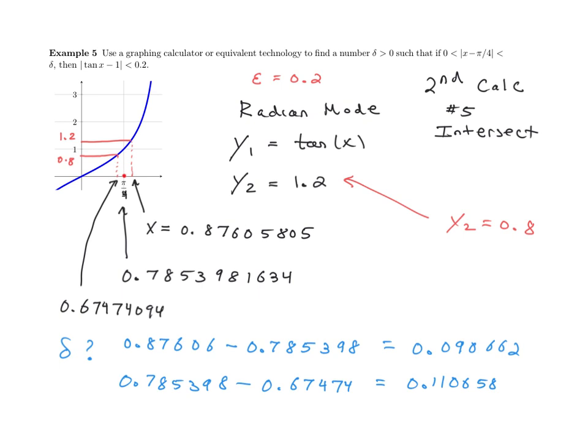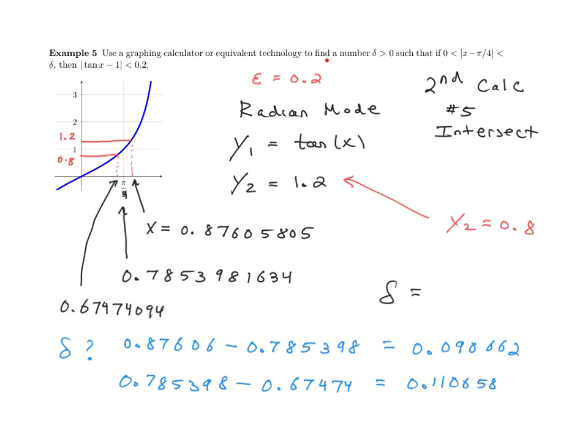The reason you want to choose the smaller of the two is because if you choose the larger and you go the same distance in both directions, you're going to be outside of the interval to ensure that the numbers fall within a distance of 0.2 from 1. So the choice here for delta is the smaller of the two.